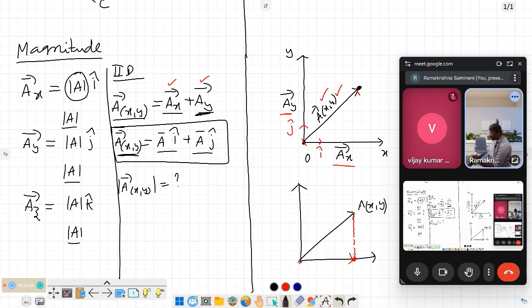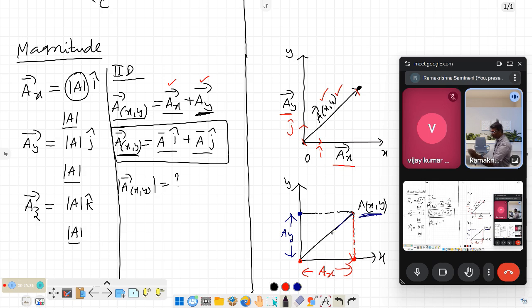That length, from the origin, gives the x value in terms of magnitude, geometrically. Now from the head you take one more line onto the y-axis. This line, from here to here, represents the Ay value. Clear? So this is the vector A, the two-dimension vector.